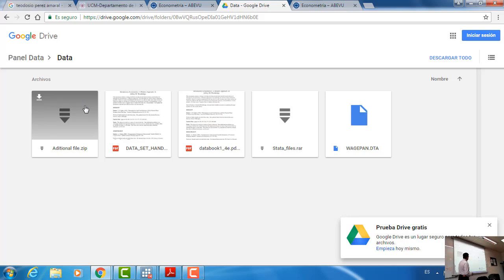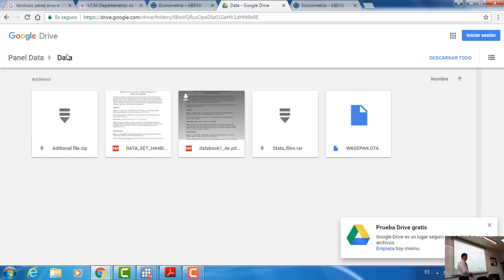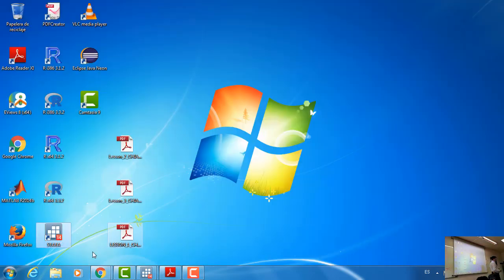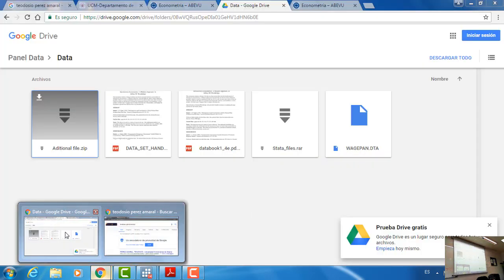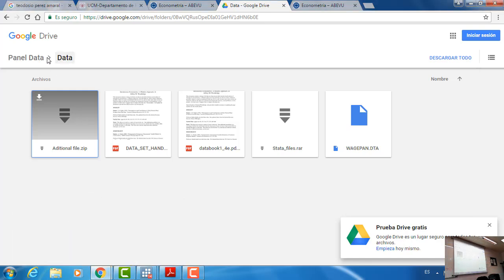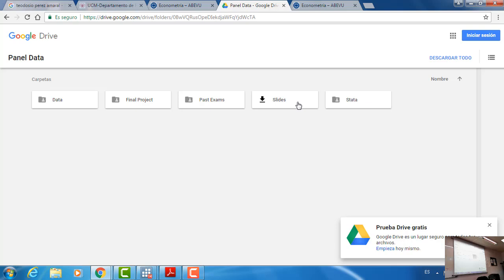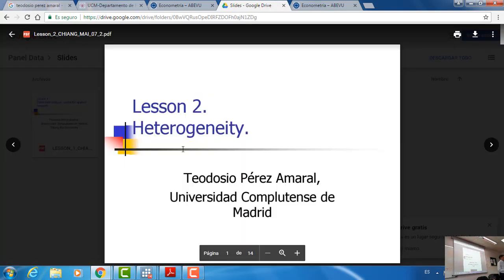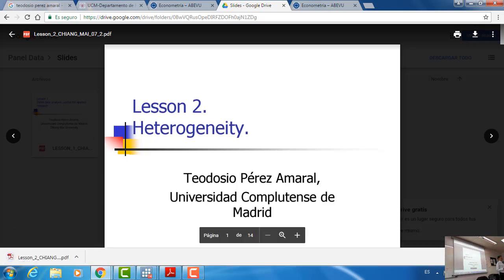So let's go to the second chapter, because the second chapter is very short, and then we will go a little bit into Stata. How many of you have used Stata before? But not everybody, like half.